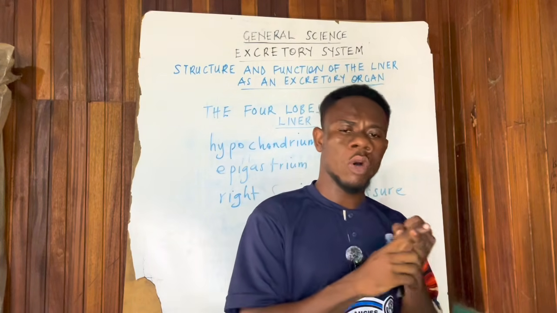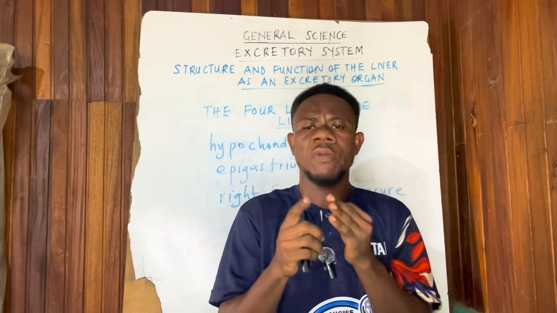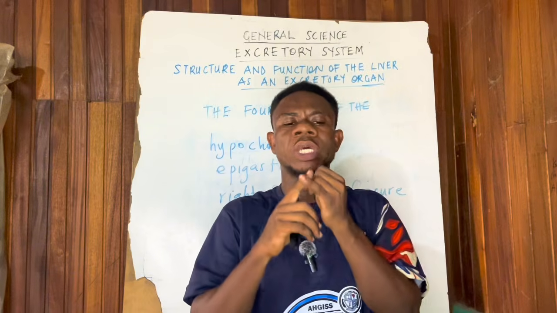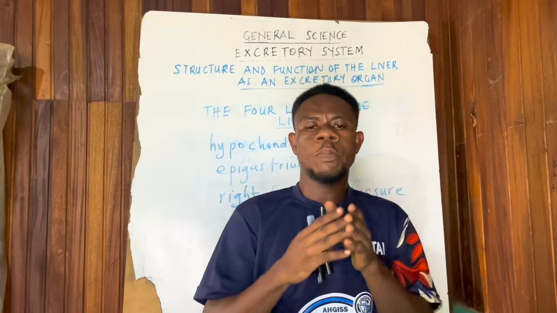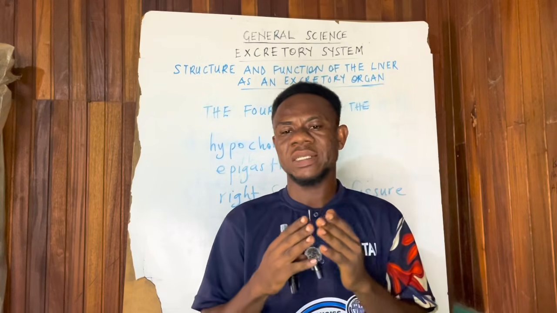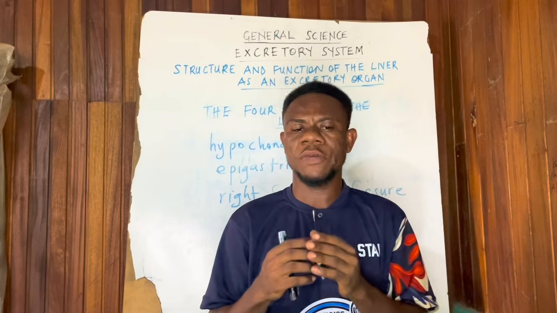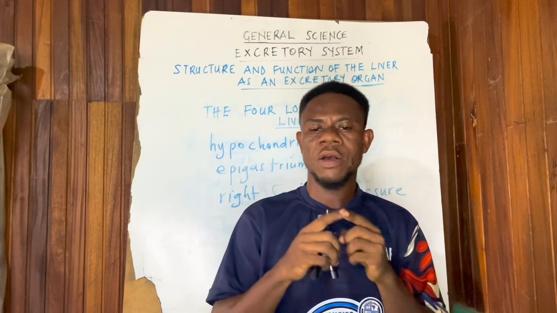The caudate lobe is a small lobe at the back, or posterior, of the liver. It is located above the right kidney, and it is separated from the right lobe by the right sagittal fissure.